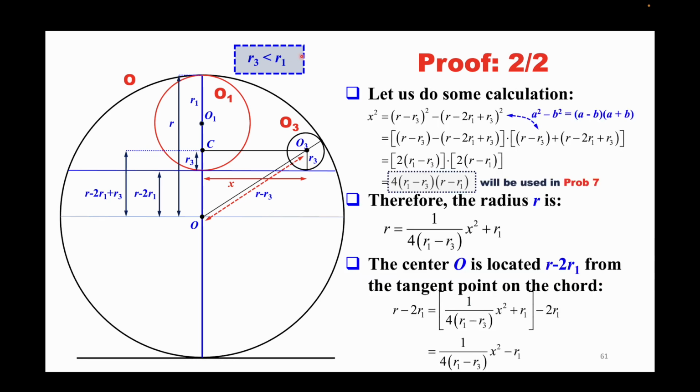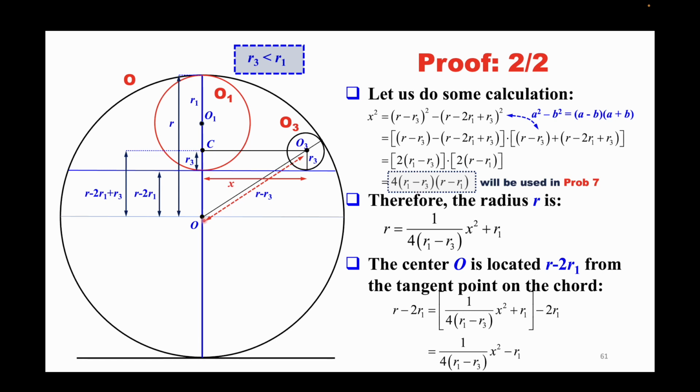So, expanding this formula, we again use A squared minus B squared, which is equal to A minus B times A plus B. Simplifying, we have this. We will be using this in problem 7, the next problem. So R is unknown. Solving for R, we have this. Here we still have R1, R3, but we have an X. X is the distance between the two tangent points.